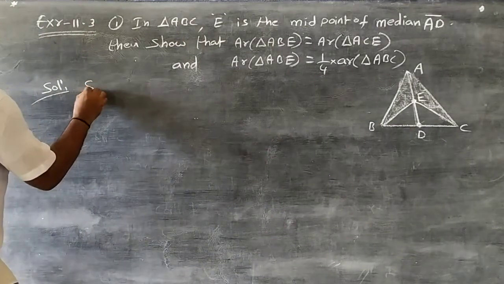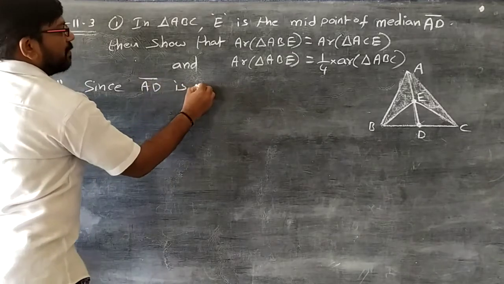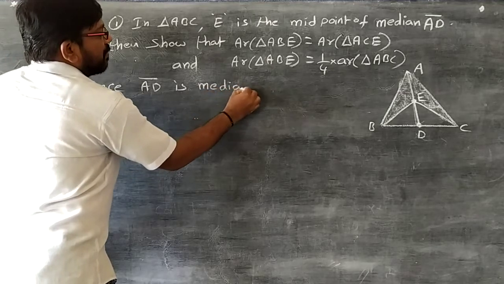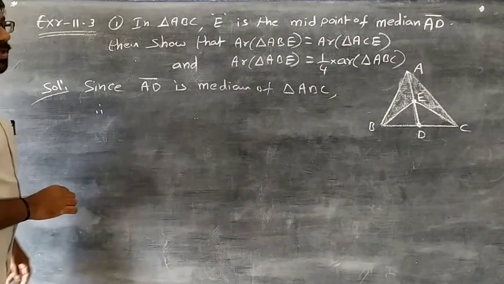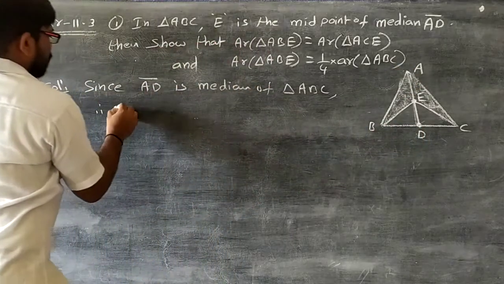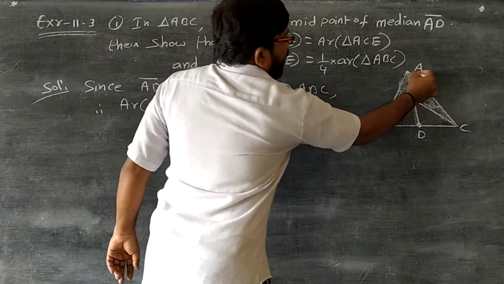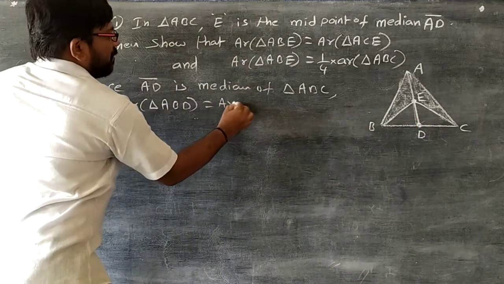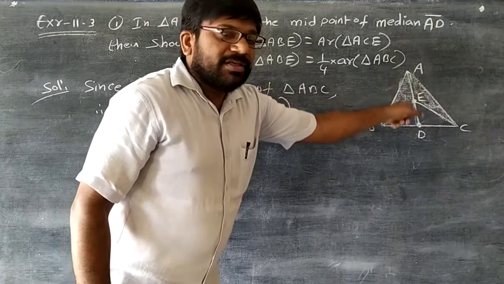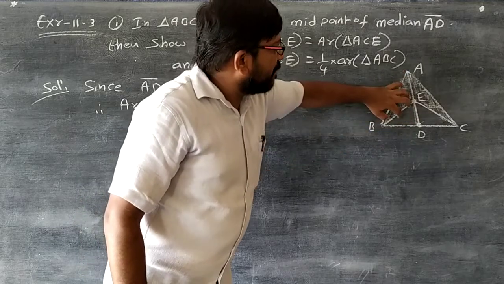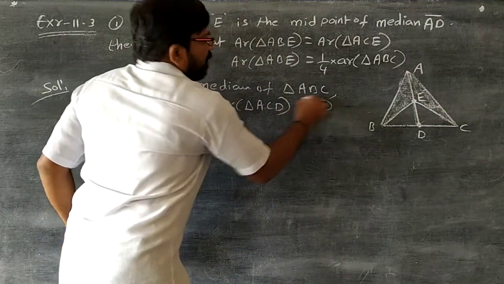So once again, since AD is median, area of triangle ABD is equal to area of triangle ACD. Say this is 1, leave it.